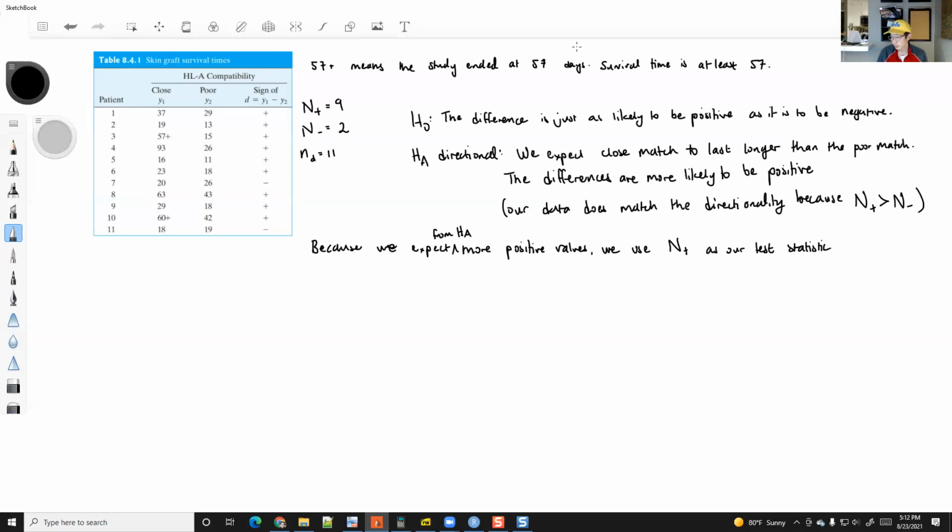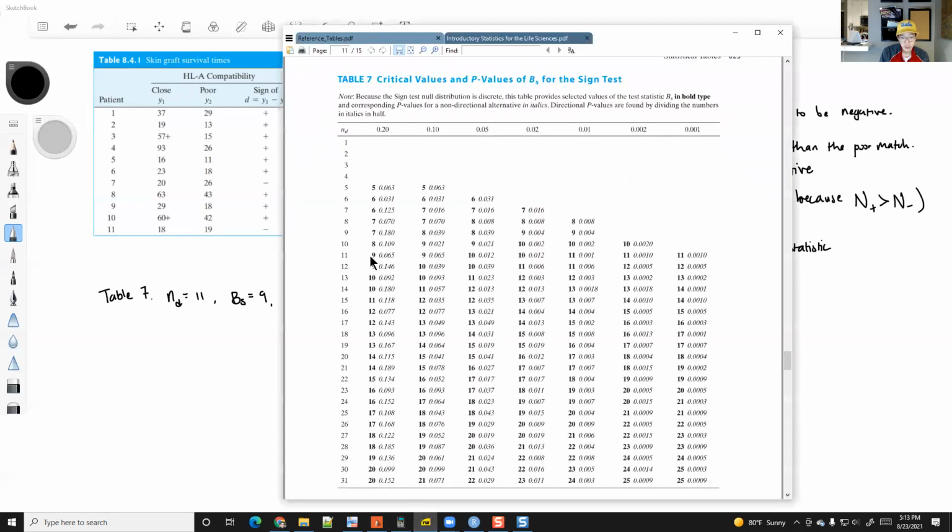Okay, so we will go to the table. All right, so we go to table 7. ND is 11. N plus, our test statistic, is going to equal 9. And so from our table, 11, 9, our non-directional p-value is 0.065.